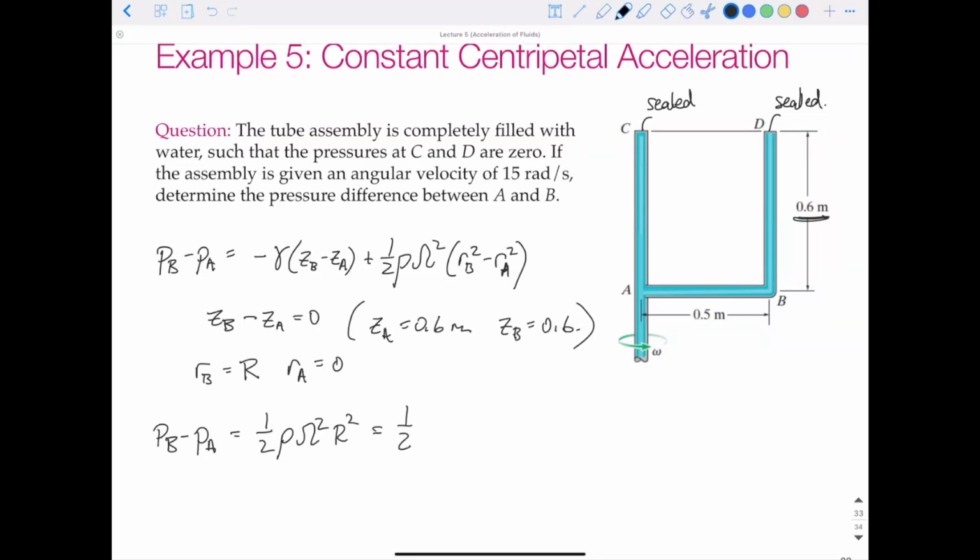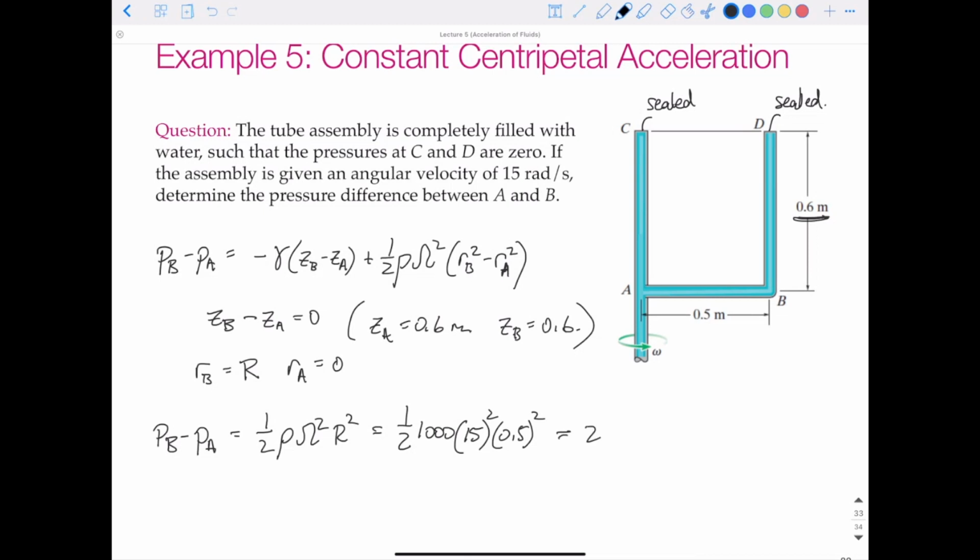So that's 1/2 times 1,000 kilograms per meter cubed, times omega squared, which is 15 radians per second, times big R, 0.5, and both of those terms are squared.